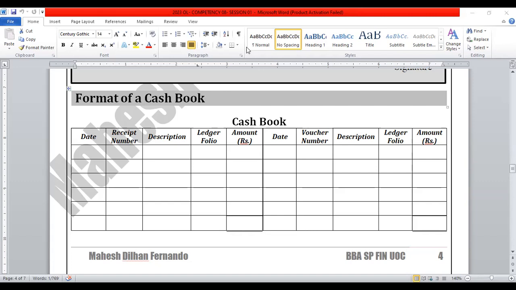Now let's move to the format of a cash book. If you remember, I told you that the cash book has a dual role. Anybody who can remember this? There is a dual role in a cash book.